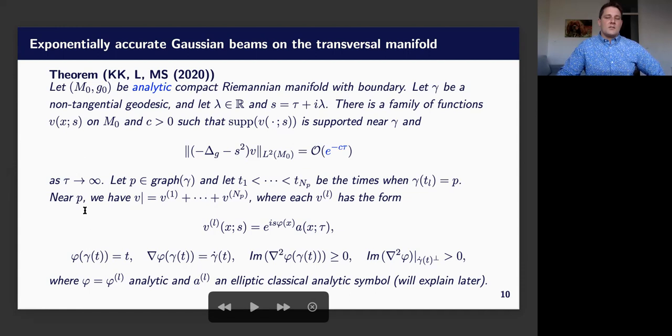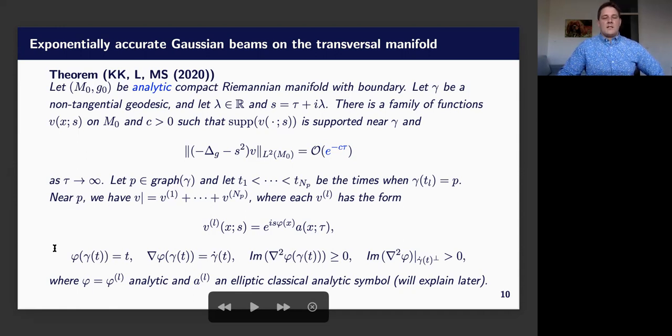In this case, on a neighborhood of this point P, v is the sum of NP functions, where each of these functions v_l has the form e to the power i s times a phase function times an amplitude function. An amplitude function means a decreasing series in the negative powers of tau.